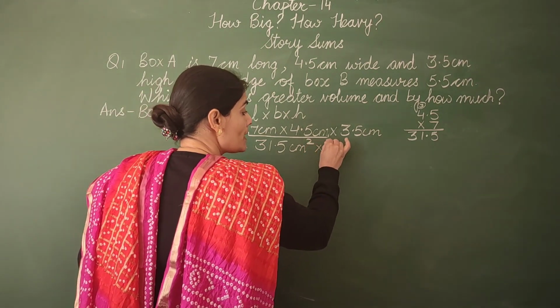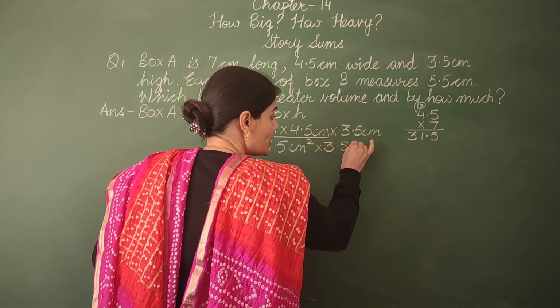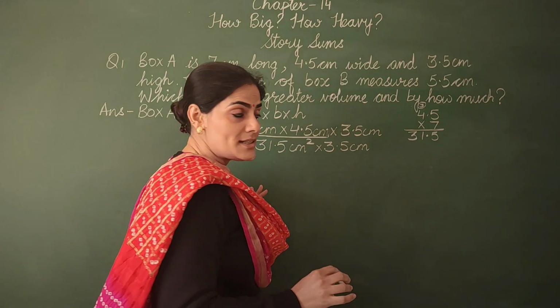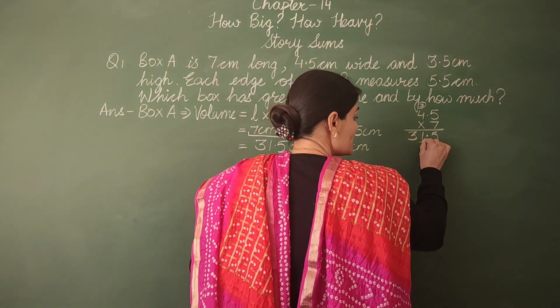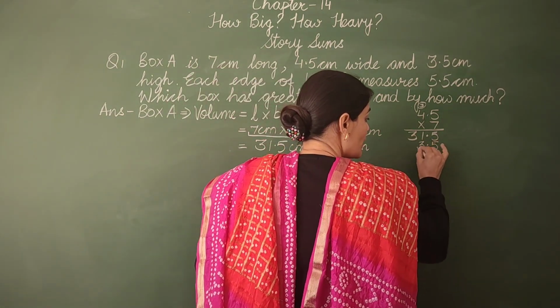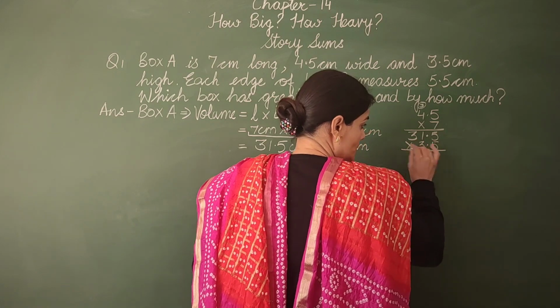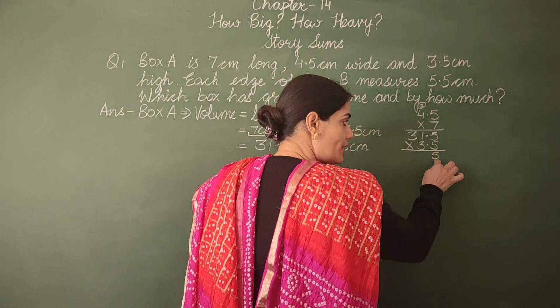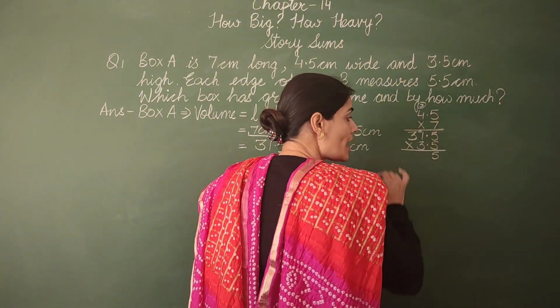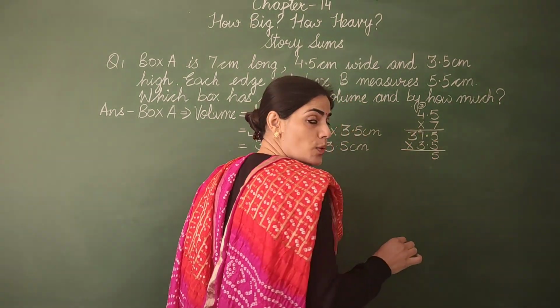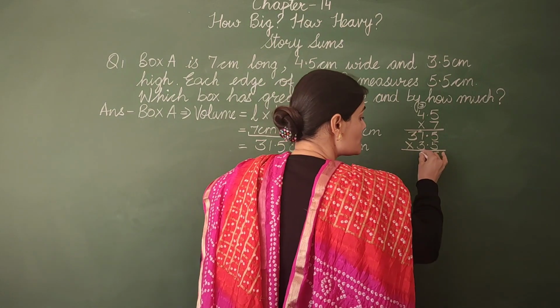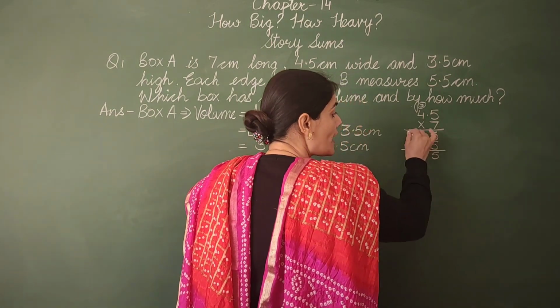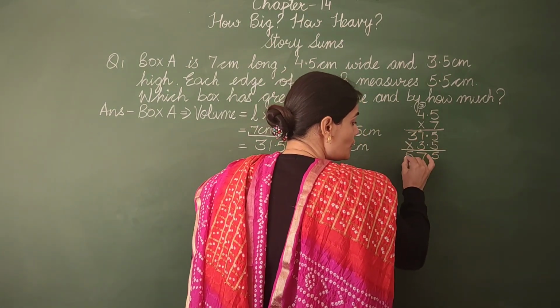And this should be multiplied by 3.5 centimeter. So let's multiply this by 3.5 centimeter. Now 5 times 5 is 25, 5 I write and 2 I carry. 5 times 1 is 5, 5 plus 2 is 7. 5 times 3 is 15.